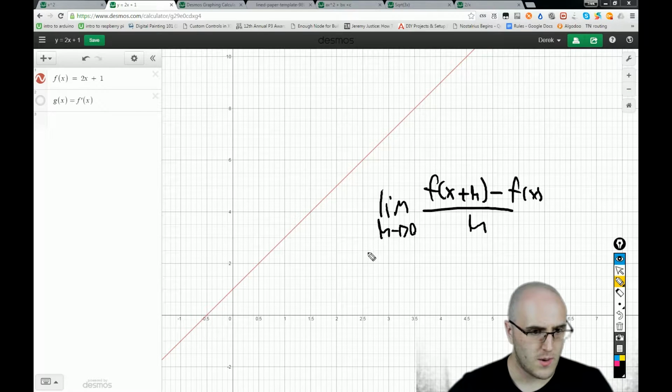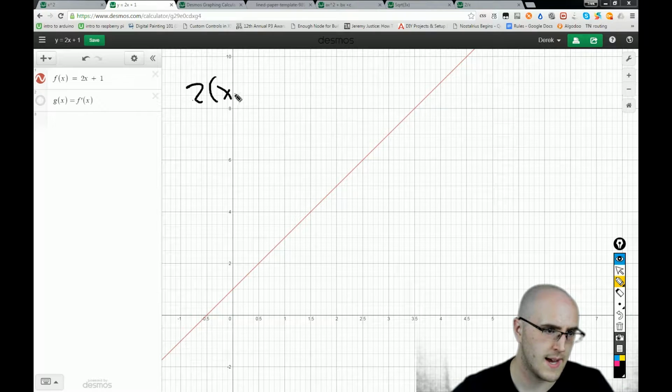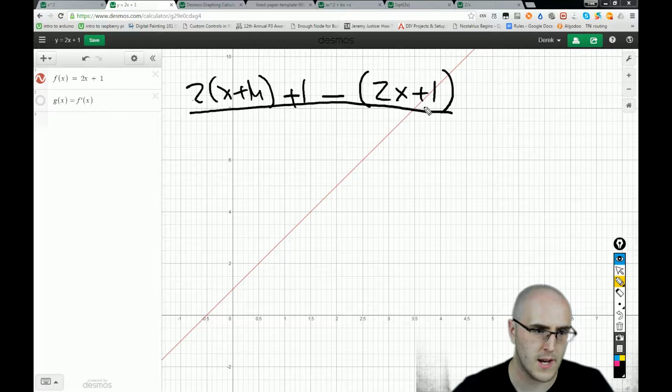So let's derive that. Let's go ahead and get rid of that and plug things in over here. So we have 2 times x plus h plus 1 minus 2x plus 1. All of that over h, and then the limit, which I'll just shorthand right there.